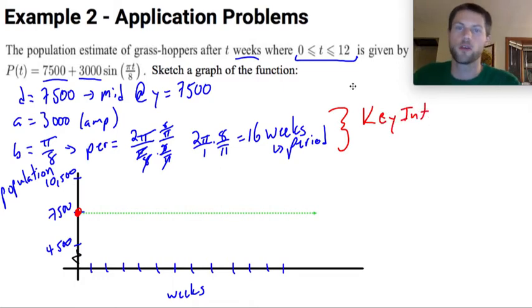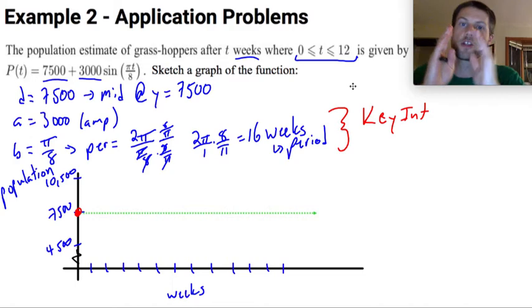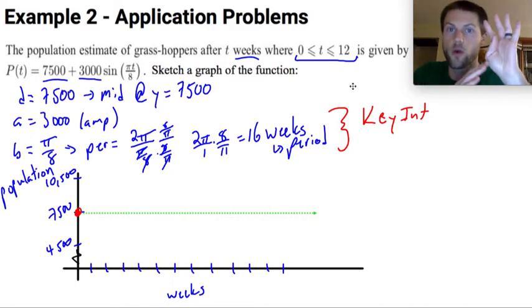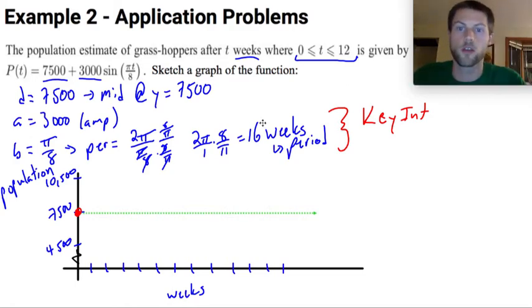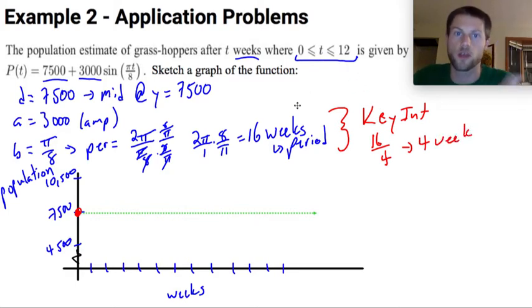Remember that the key interval you get by chopping up this period into 4 sections. So I can take 16, divide by 4, and that means my key interval is 4 weeks. All of my critical values or key points are going to be every 4 weeks. So 1, 2, 3, 4. Here's one of them. 1, 2, 3, 4. Here's another. 1, 2, 3, 4. Here's another.